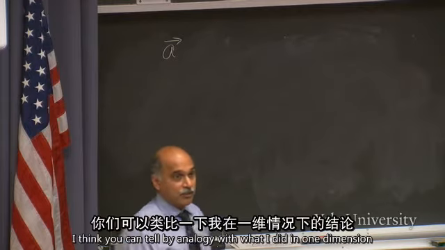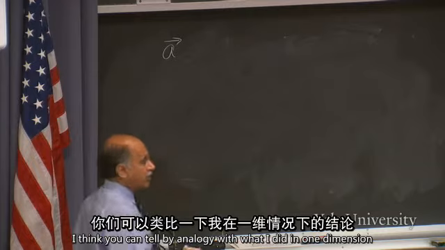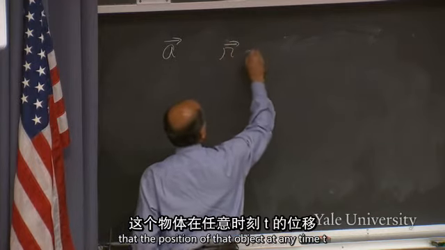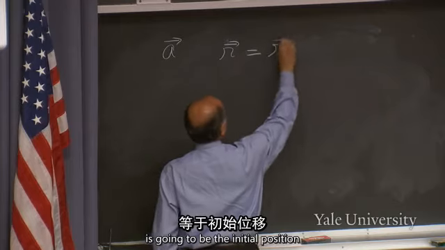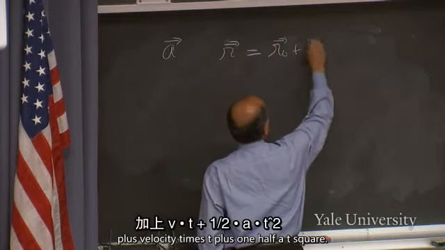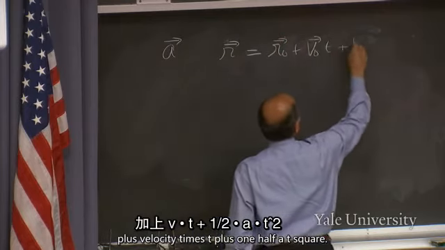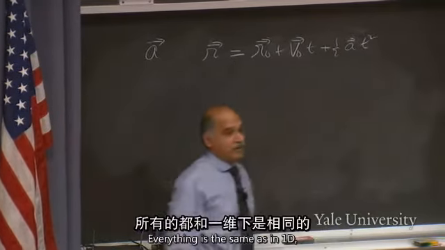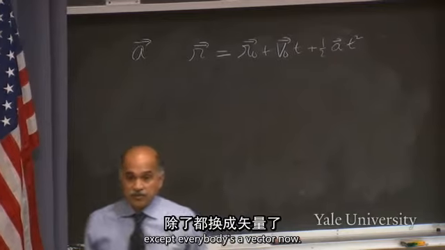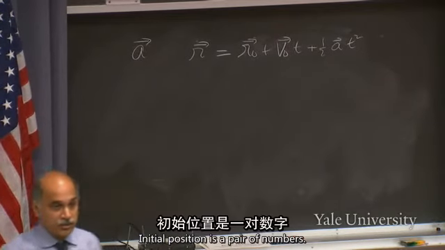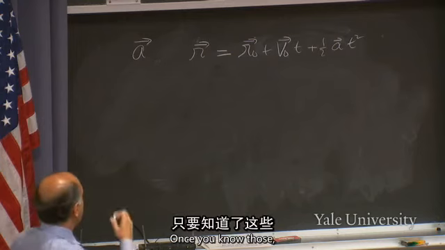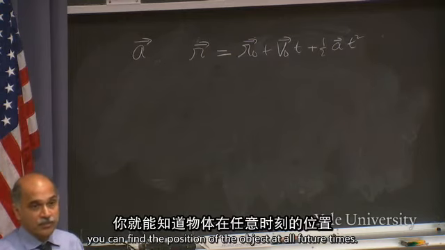I think you can tell by analogy with what I did in 1 dimension that the position of that object at any time t is going to be the initial position plus velocity times t plus 1/2 a t squared. Everything is the same as in 1D, except everybody is a vector now. Initial position is a pair of numbers. Initial velocity is a pair of numbers. Once you know those, you can find the position of the object at all future times.